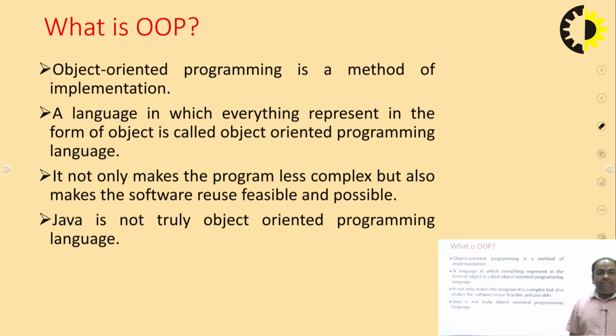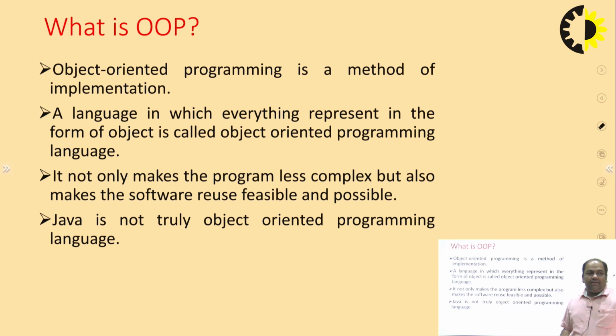Object-oriented programming is a method of implementation, meaning how to implement a code. Java is a language in which everything is represented in the form of objects, called an object-oriented programming language. What is an object? For example, a table is an object.